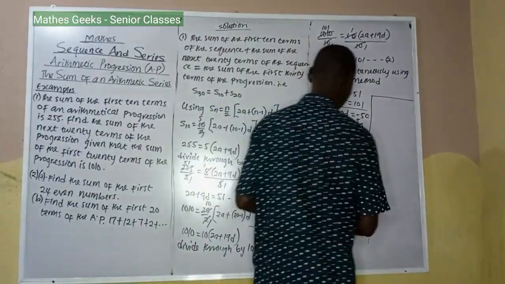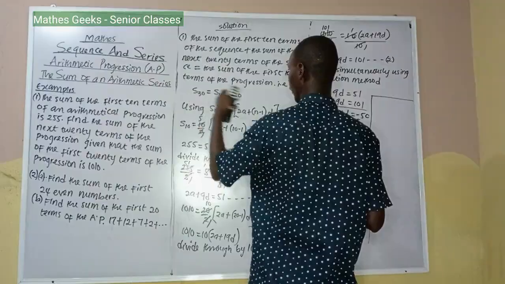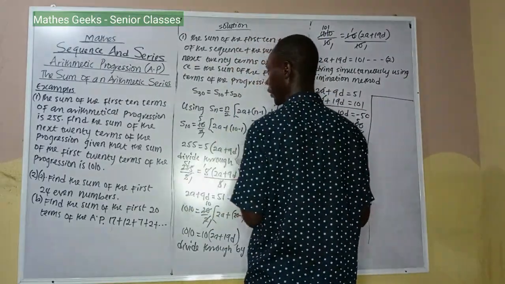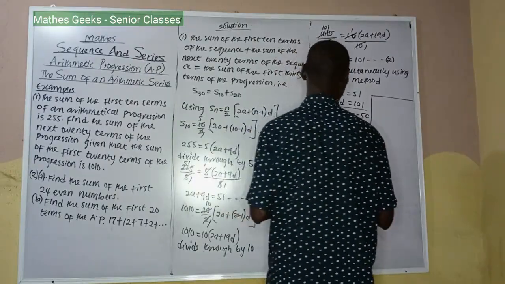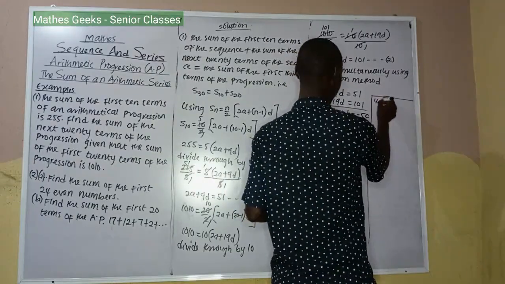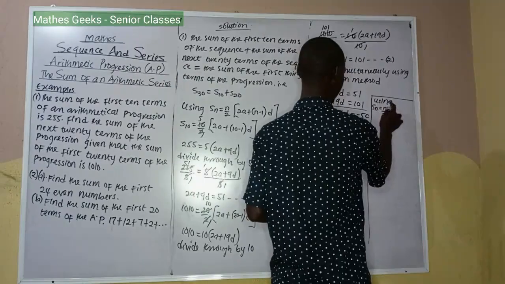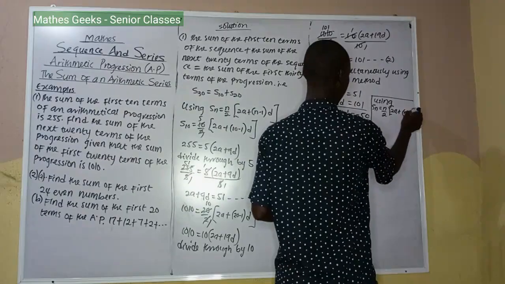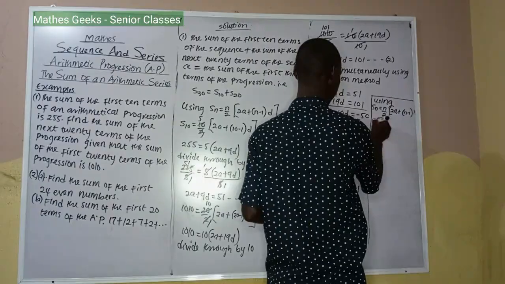So let's get, first of all, the sum of the total, which is the first 10 terms plus the next 20 terms, which gives us altogether the first 30 terms. So S30, using Sn is equal to n over 2 times (2a plus (n minus 1)d).